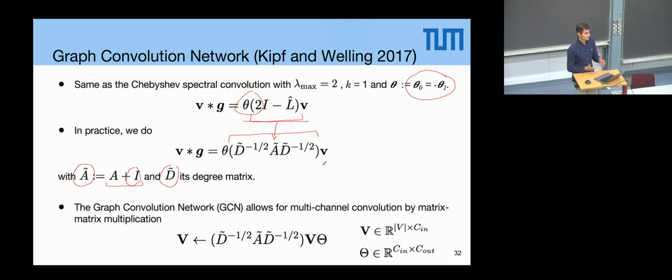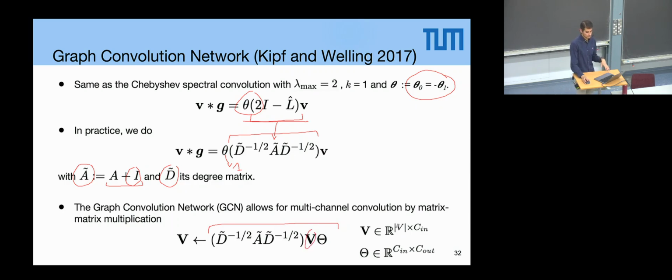Okay, and now we have multiple input and output channels. Then we can write this. Well, here we only have one weight. As I was saying, if we have multiple input and output channels, then we can rewrite it like this, where this is our whole feature matrix.